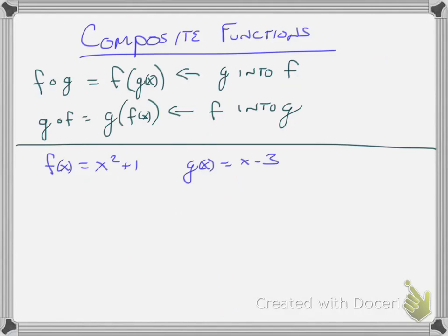So if I have f of x equals x squared plus 1 and g of x equals x minus 3, if I'm looking for f of g of x, it can also be written like that, then I'm going to plug the g into the f, which means I'm going to take the f of x function, x squared plus 1.